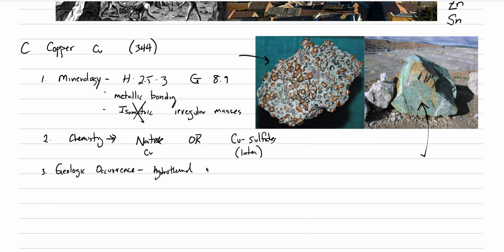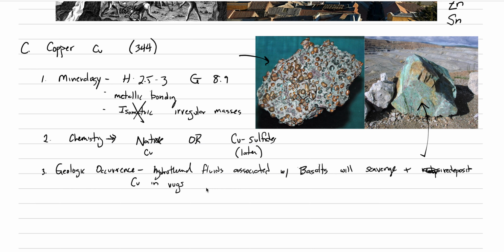So we're going to say hydrothermal fluids associated with basalts will scavenge and redeposit copper in vugs.